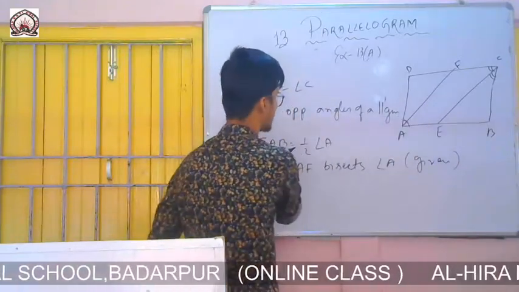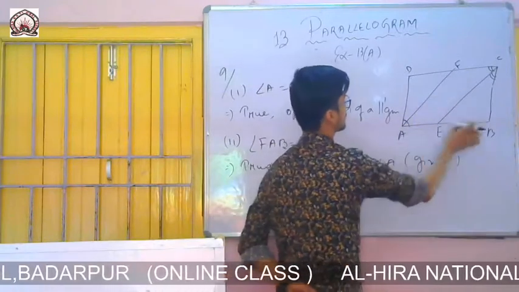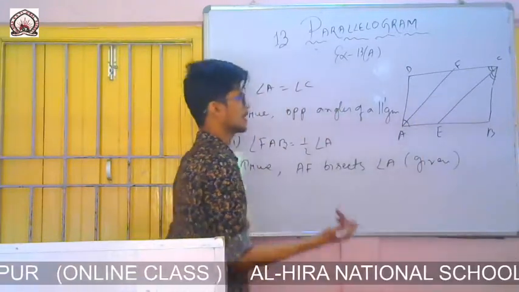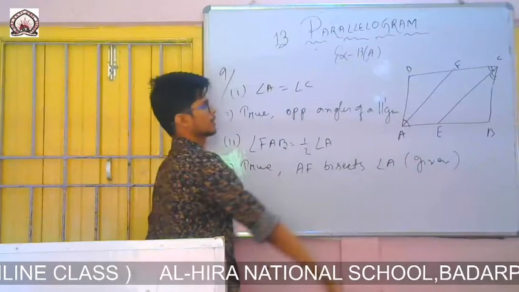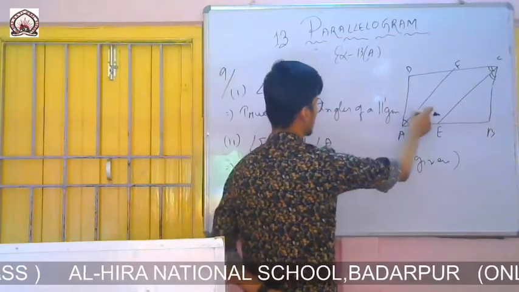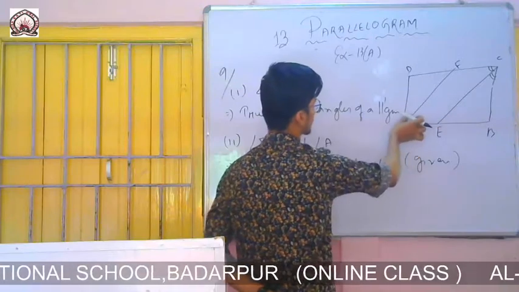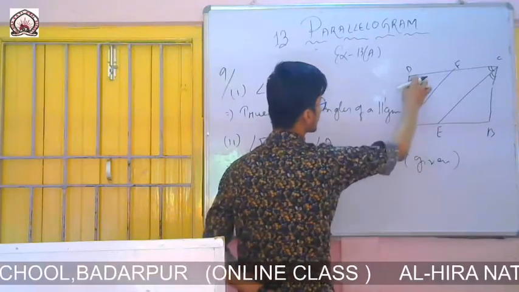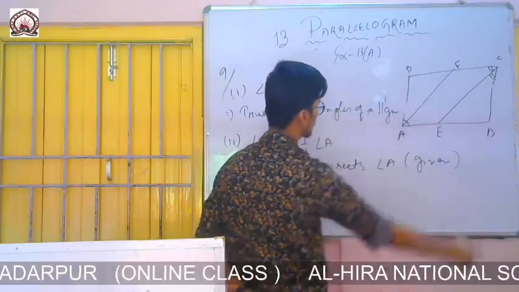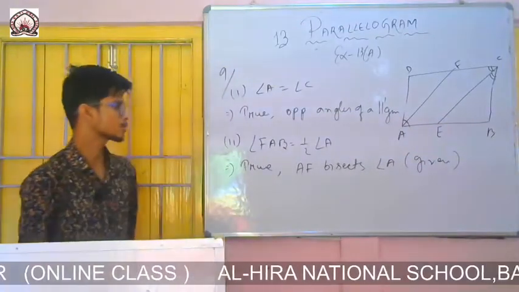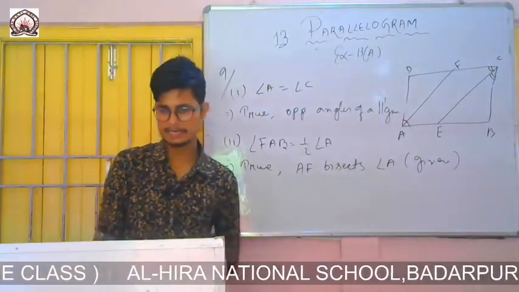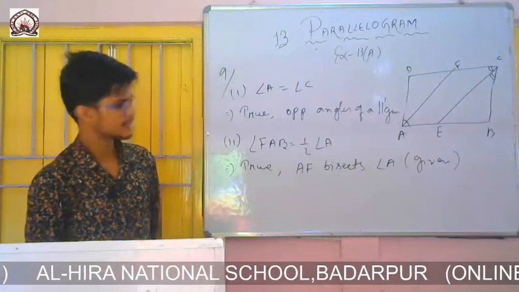So the question is whether FAB is equal to half of angle A or not. You have to write whether it is true or false. Yes, it is true, because this line AF bisects this angle into two equal parts, that means this part and this part are equal. So the answer will be true. The reason will be AF bisects angle A.